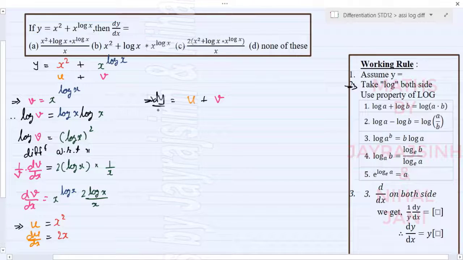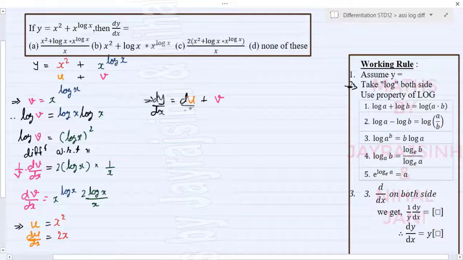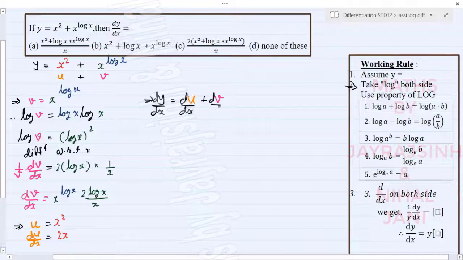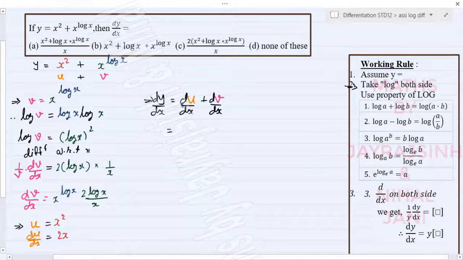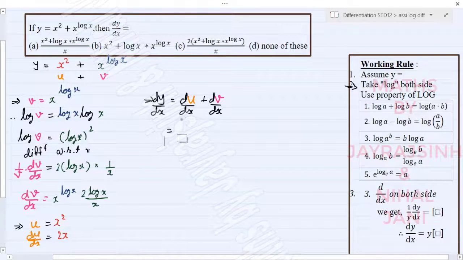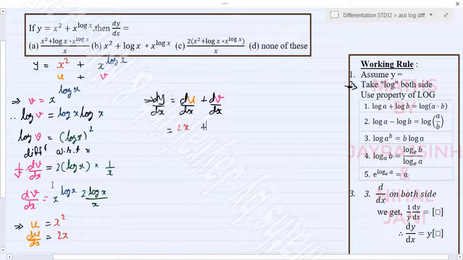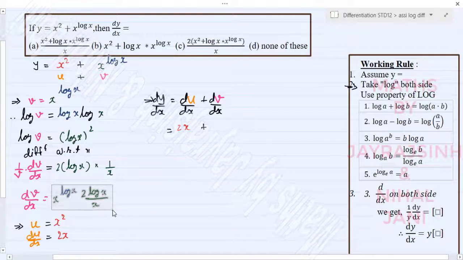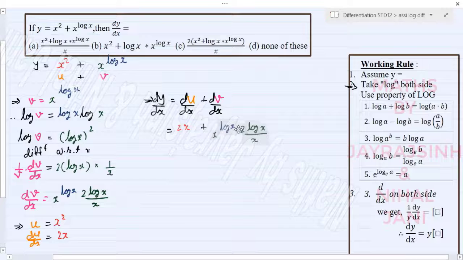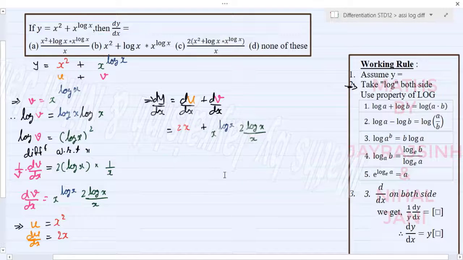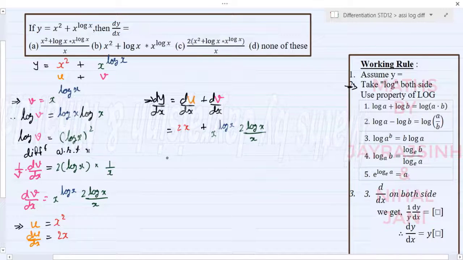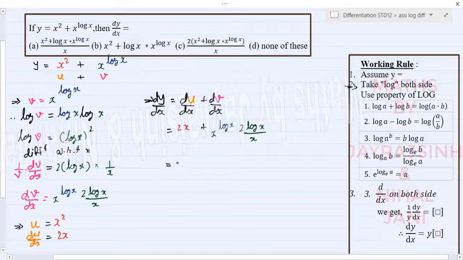So we can say your dy by dx is simply du by dx plus dv by dx, where du by dx is simply 2x plus your dv by dx is simply x raised to log x into 2 times log x by x. Now to get our answer, we have to take the LCM of x.